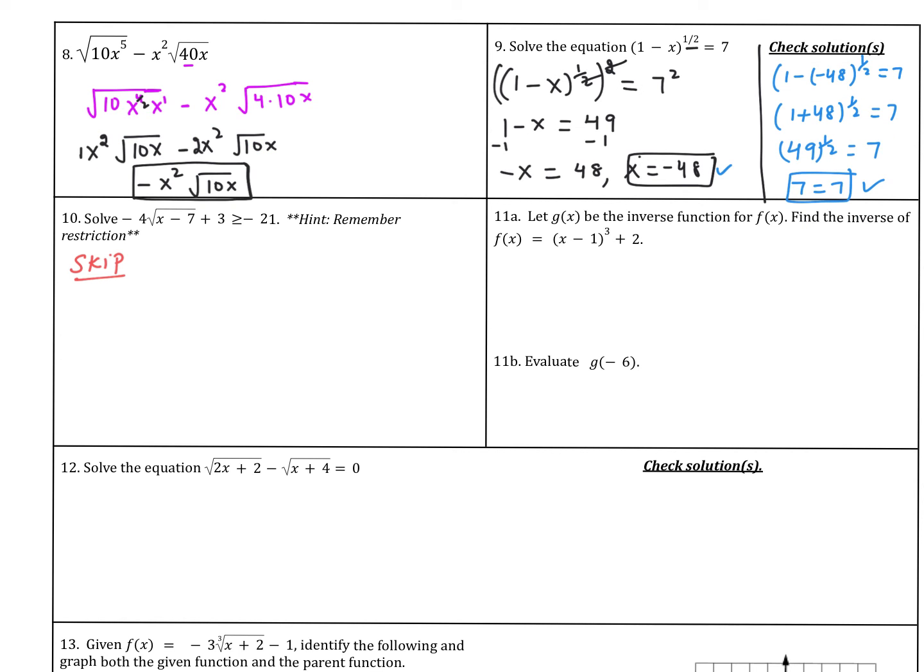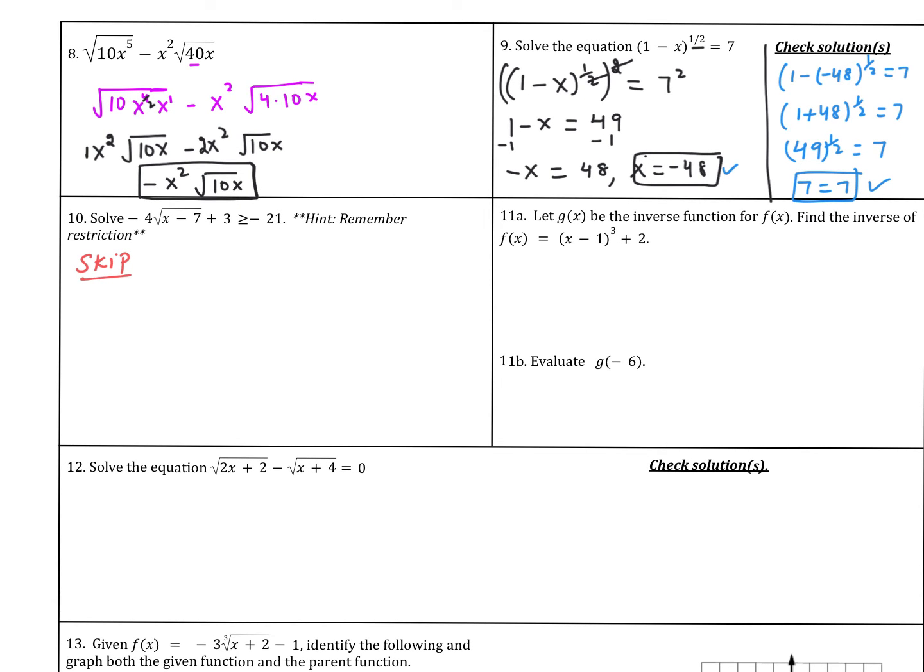Number 11 is: set y as f(x). Switch x and y, so x becomes y and y becomes x. Solve for y, which means you have to isolate the y. So x minus 2 equals y minus 1 cubed.